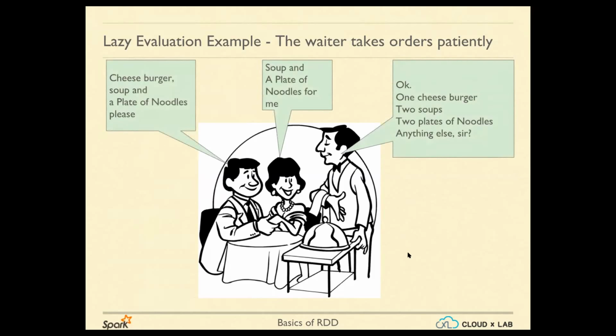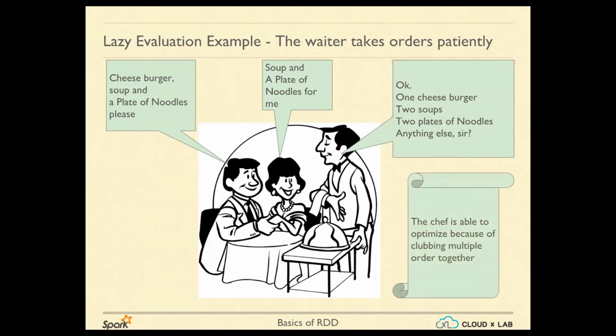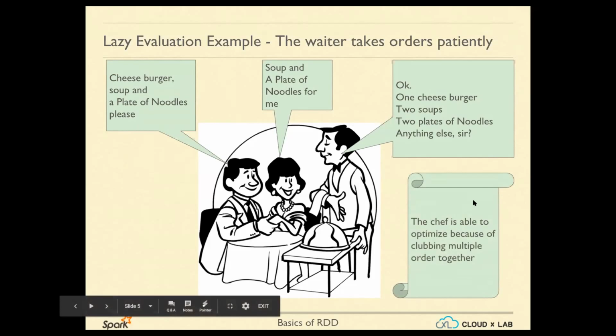Now here the waiter has waited patiently and then basically consolidated orders. Okay. Now again, at this point of time, the chef will be able to optimize because of clubbing of the orders together.